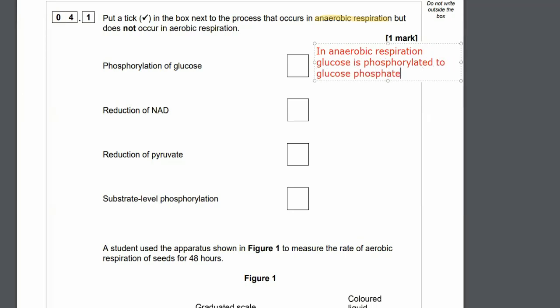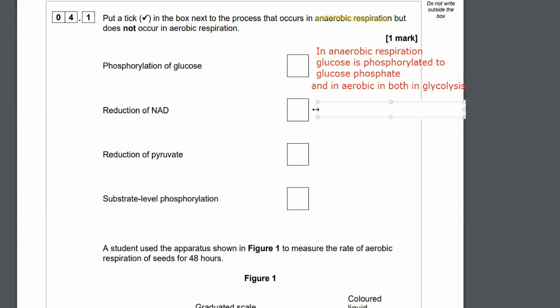The reduction of pyruvate: pyruvate enters the link reaction and actually gets carboxylated, I believe, in the link reaction. So the pyruvate is going to end up forming acetyl CoA, so it's not getting reduced.